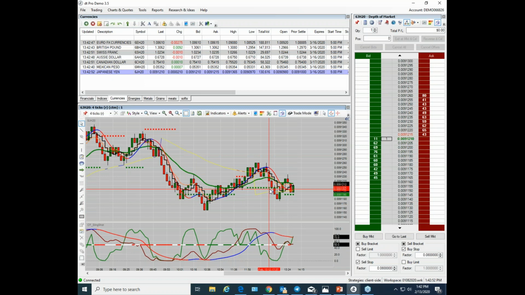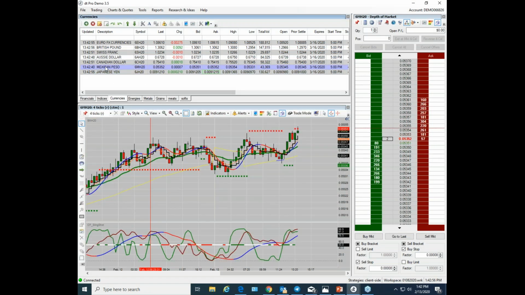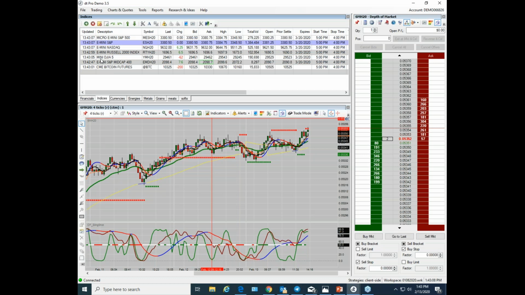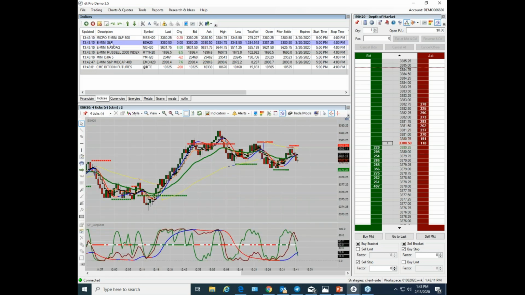Here's the yen, a lot of sideways action. The Mexican peso trading sideways here, just started breaking out. So potentially we got the peso breaking out if it keeps going. So let me try to find something that we can sink our teeth in with the DOM.